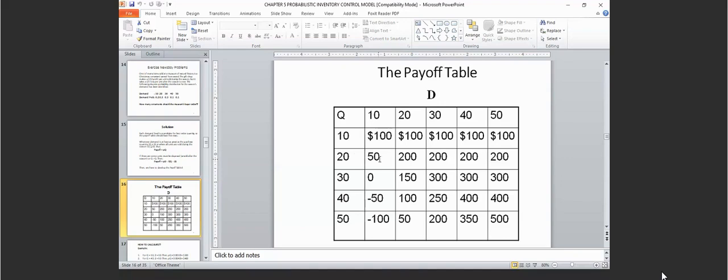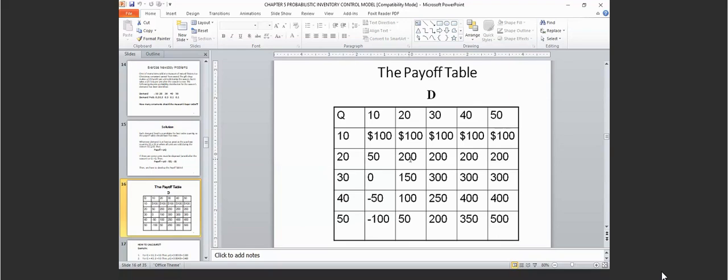So we have the expected profit with 50 ringgit. In the second cell here, we have a quantity order of 20 ringgit, but the demand quantity also equals the quantity order.